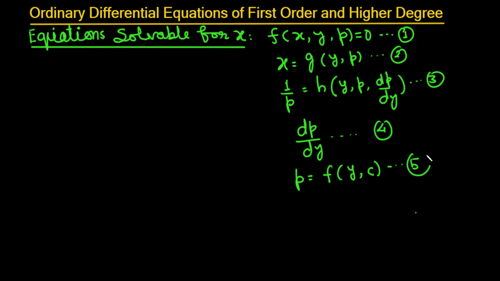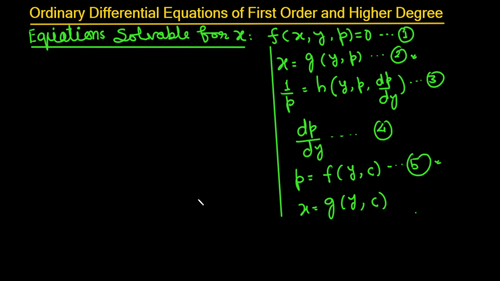Suppose this one is equation number 5. To find the general solution of the original equation number 1, we eliminate p from equation number 2 and equation number 5 to get the solution as x equal to a function of y. P will be replaced by the expression given in 5, and it will involve an arbitrary constant.